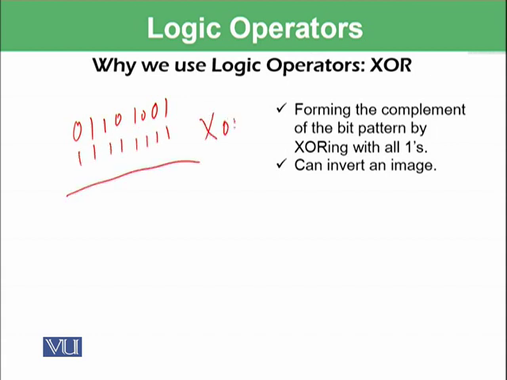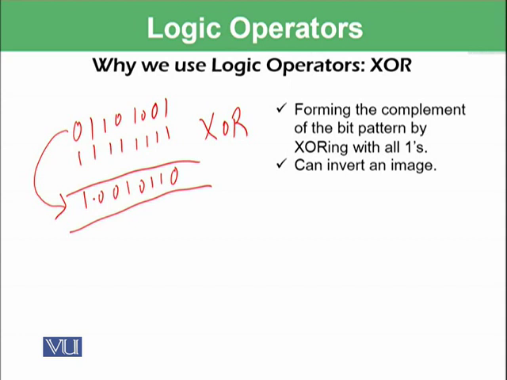Let's see the output of exclusive OR. It gives 0 on the same bits and 1 on different bits. You can see the input has been totally complemented: all of the zeros have changed into 1 and all of the ones into 0.